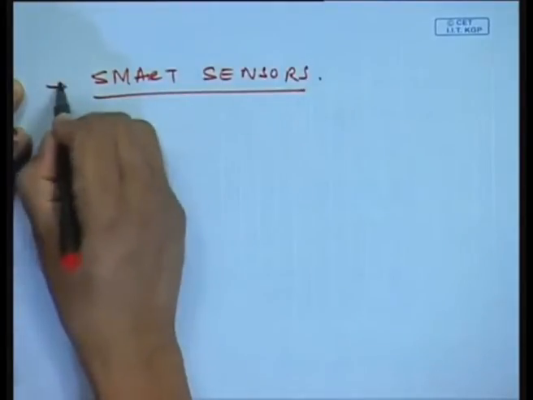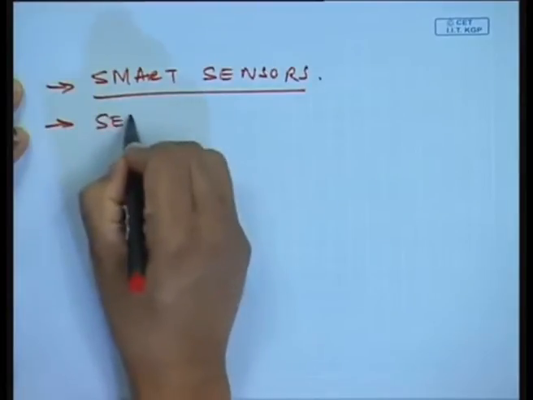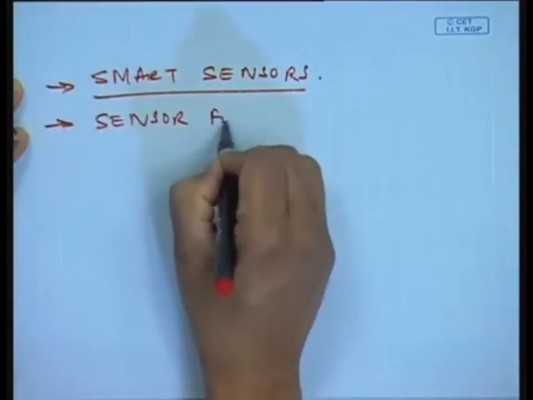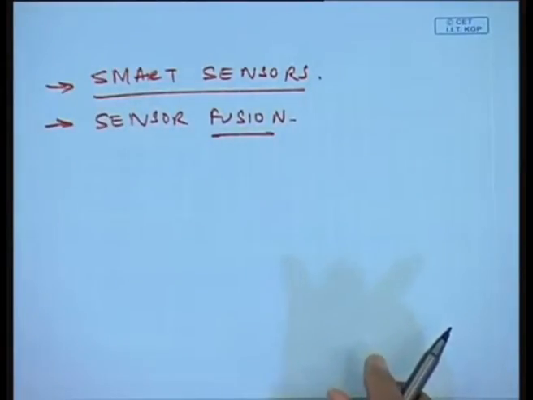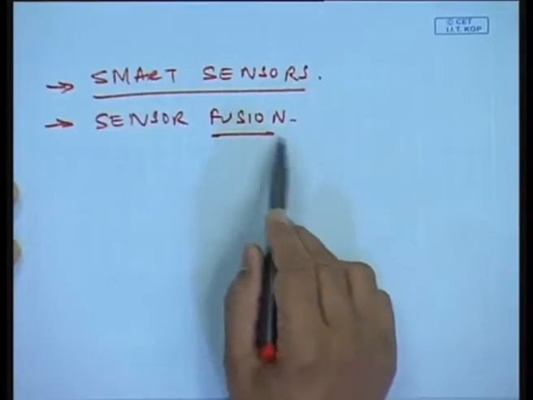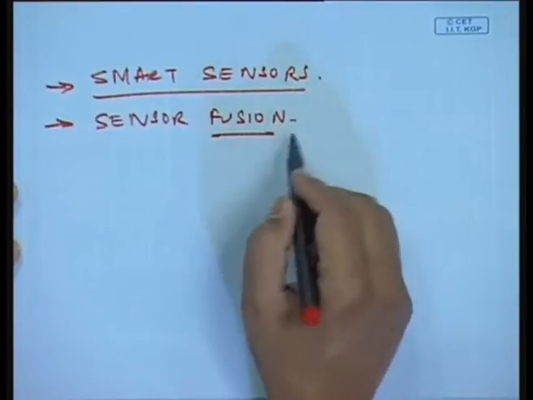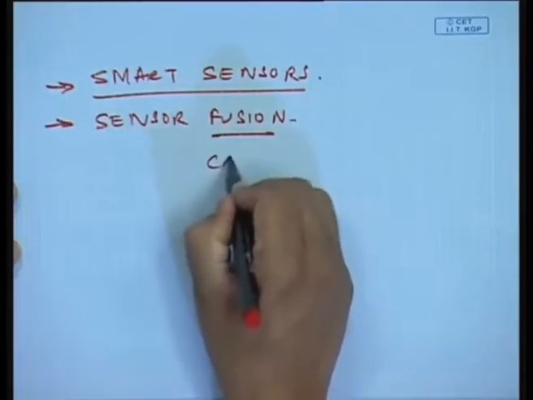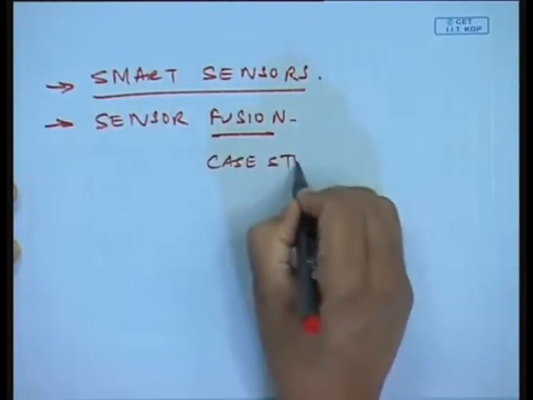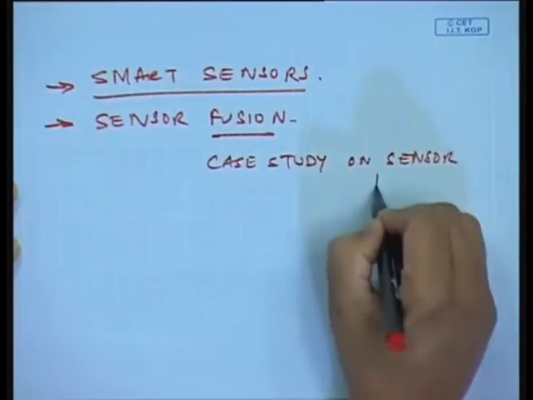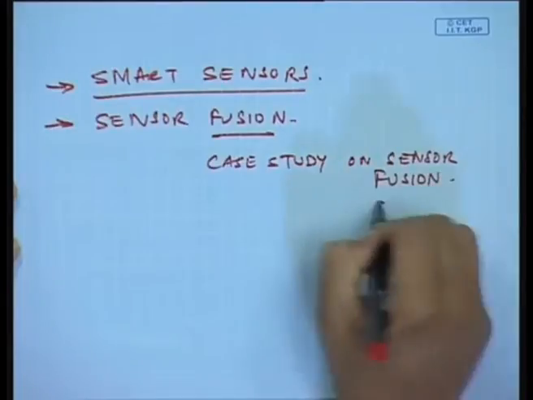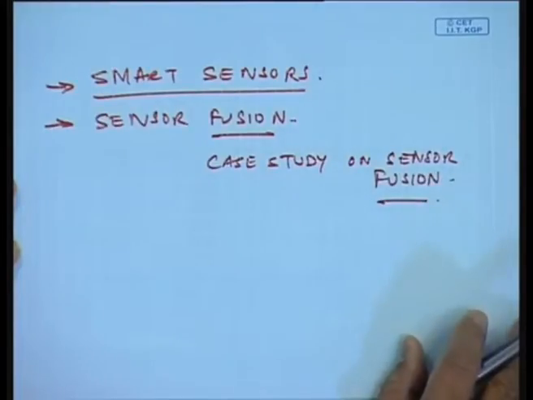And there is a topic like sensor fusion, whether a single sensor will do or multiple sensors have to be used, and towards the end of this lecture I will give you a short case study on sensor fusion, and how we will see the remaining useful life of a cutting tool can be predicted by using sensor fusion.